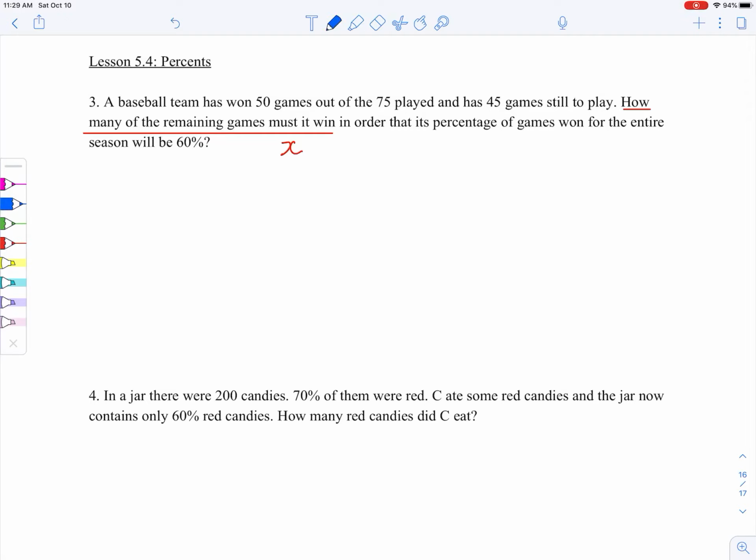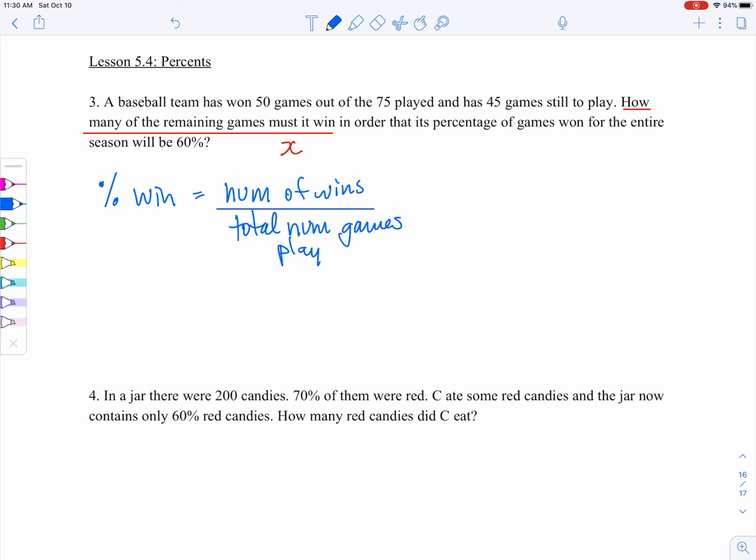So the percentage win is always the number of wins over the total number of games played. In this question, we've already won 50 games, and then we have x more that it's got to win, so 50 plus x.